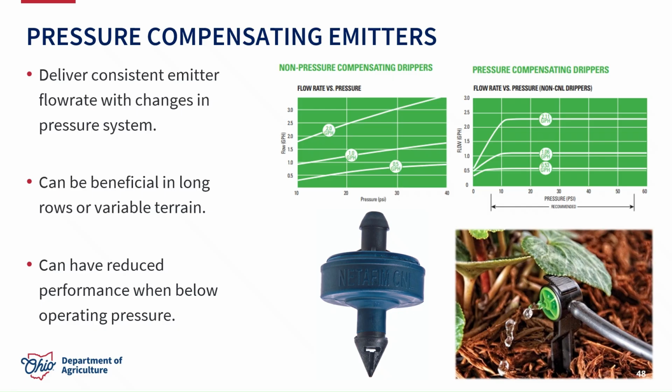These can be really beneficial in very long rows, where at the end of the row water pressure may be decreased due to the friction experienced along that lateral line, or if we have a lot of variation in terrain that makes it difficult to design. Now, one thing to consider is that when we're below the operating pressure these are designed for, pressure compensating emitters can actually have reduced performance compared to other emitters.